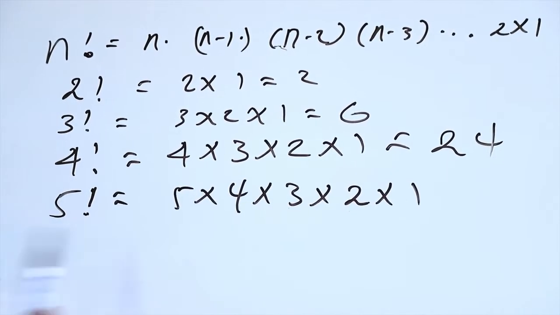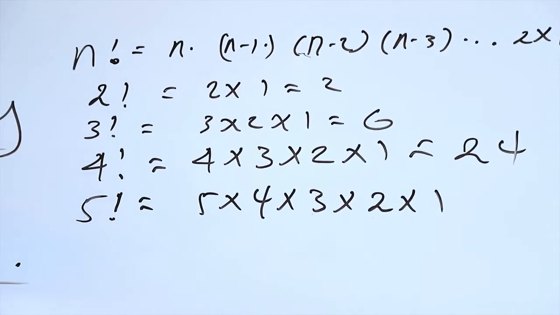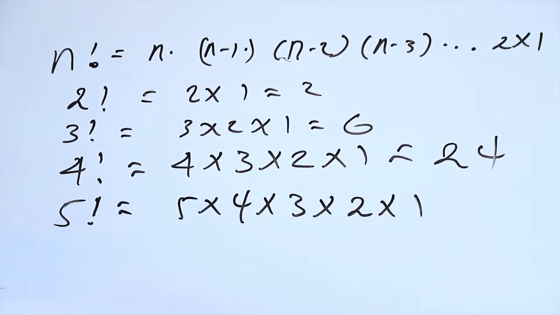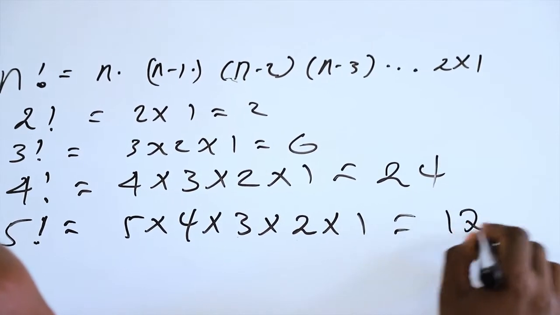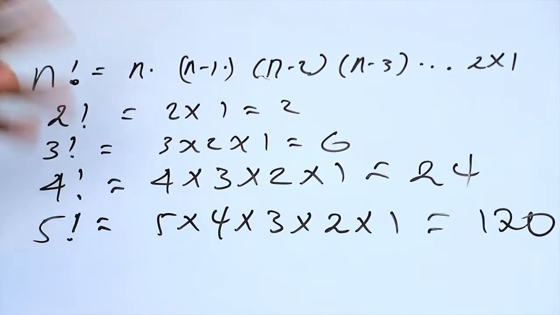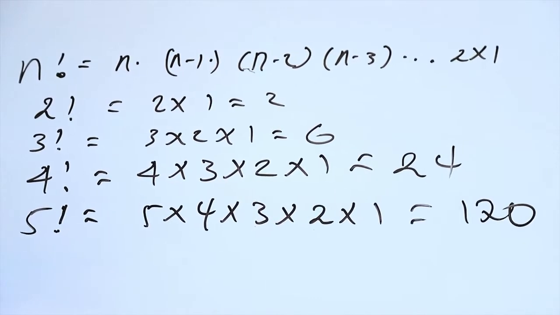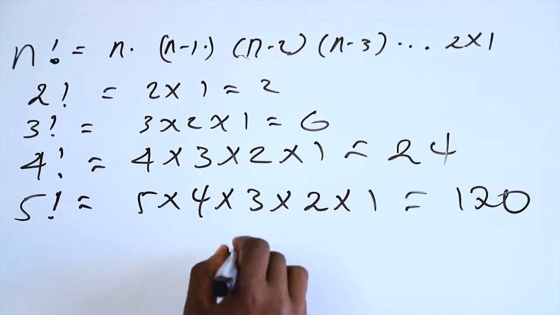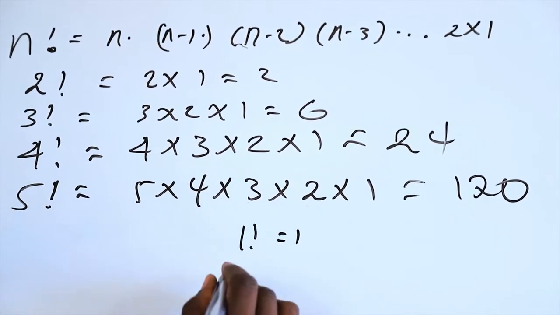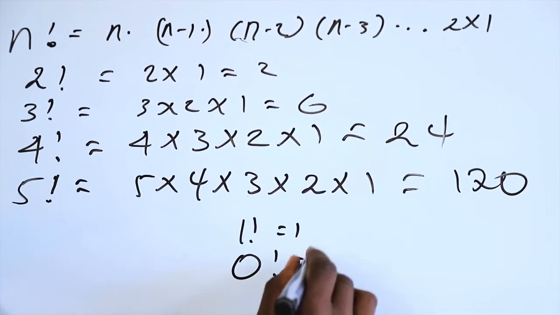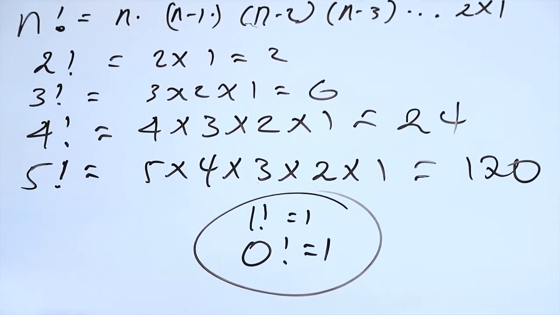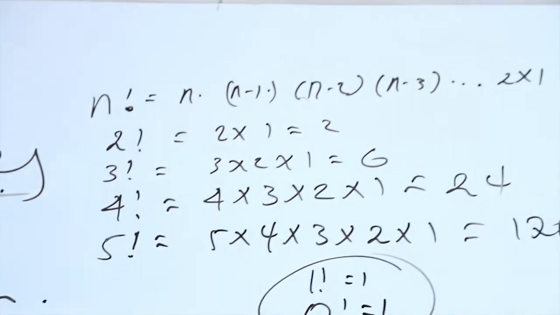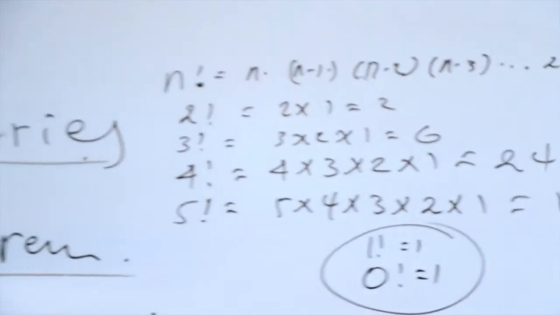Therefore 5 factorial is exactly equal to 5 times 4 times 3 times 2 times 1, which is exactly equal to 120. In this way we can work out others too. With a special condition, as an agreement, 1 factorial is exactly 1 and 0 factorial is exactly 1, as a special agreement.